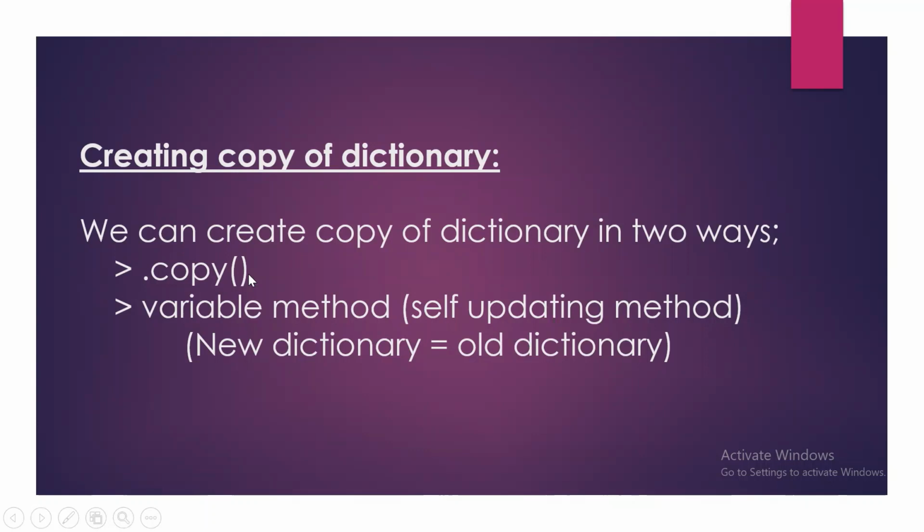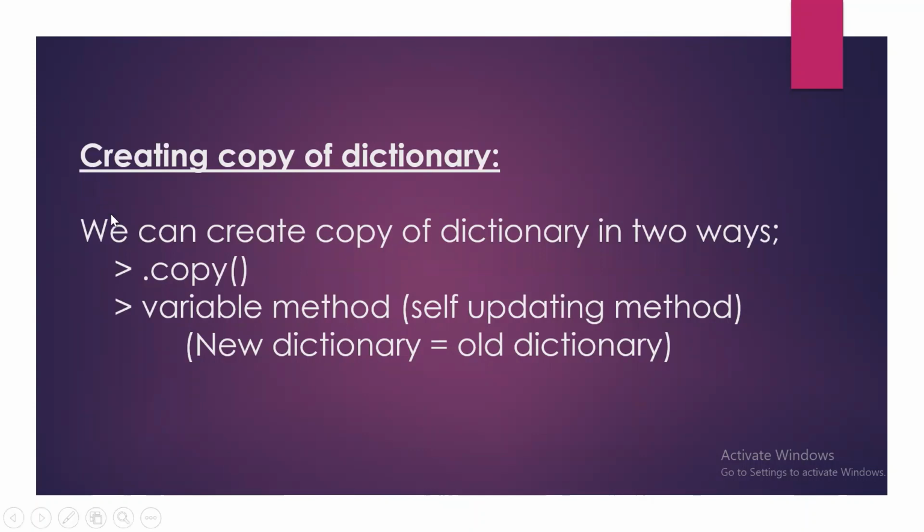Whereas if we create a copy of a dictionary by using the copy function, any changes made in the original or old dictionary will not be updated in the new dictionary or the copy of the dictionary. So let me repeat it again. We can create a copy of a dictionary in two ways.